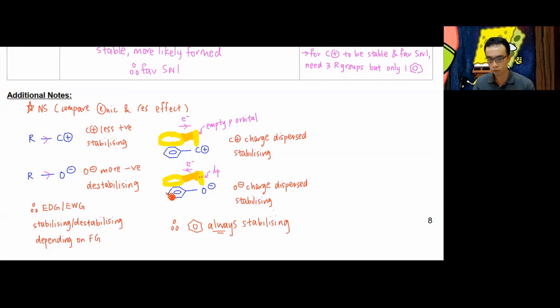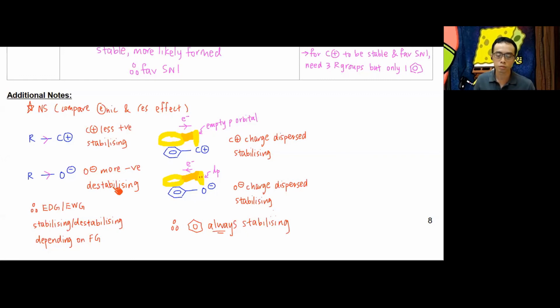And you notice this one is the conjugate base of phenol, explaining why phenol is more acidic than water, because the negative charge on your O- can interact with benzene. So therefore, this is stabilized by resonance. The consequence is your phenol is more acidic than water. So benzene can stabilize both positive species as well as negative species, which makes it quite different from normal donating and withdrawing groups.